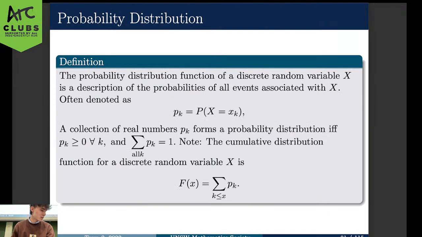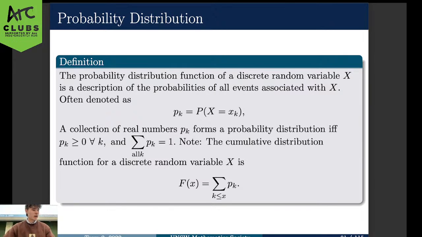Now, a probability distribution function is a description of all the total probabilities associated with the random variable x. And we can denote the probability of the kth outcome occurring as p_k, and that is the probability that the random variable is equal to some outcome x_k.